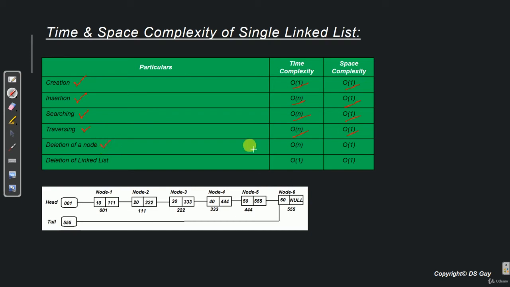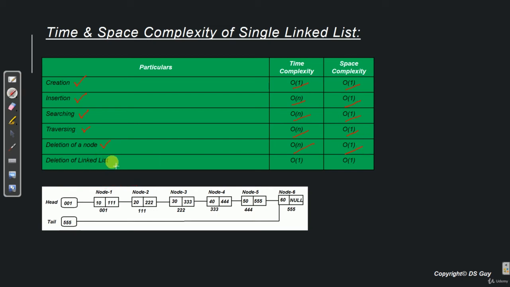Deletion of a node will take order of n time, and the reason is that again we have to start traversing from node 1, keep going towards right till we reach the node that we want to delete. So in the worst case we might have to travel almost entire linked list. So it will take order of n time. Space complexity once again will be order of 1 because we need only temporary variables, nothing more than that.